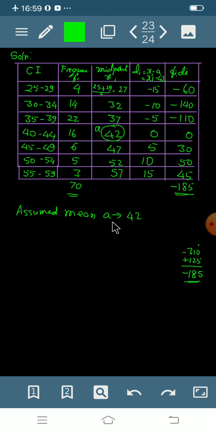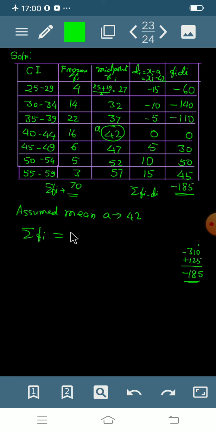A means the assumed mean. Now what is the number of frequency here? Frequency, that is summation Fi. Here we have to write summation Fi, you should not forget it. Summation Fi is 70, and we also have to write summation Fi Di, which is the product of all F's and D's.